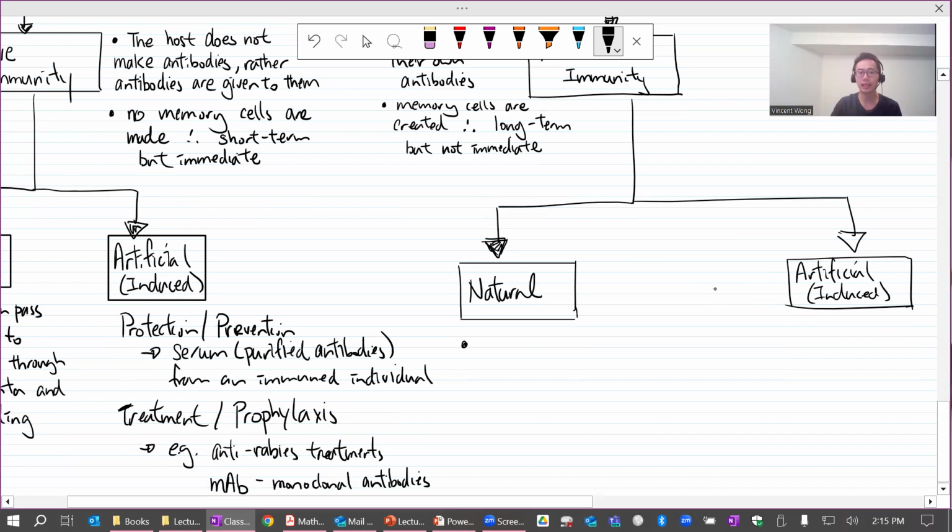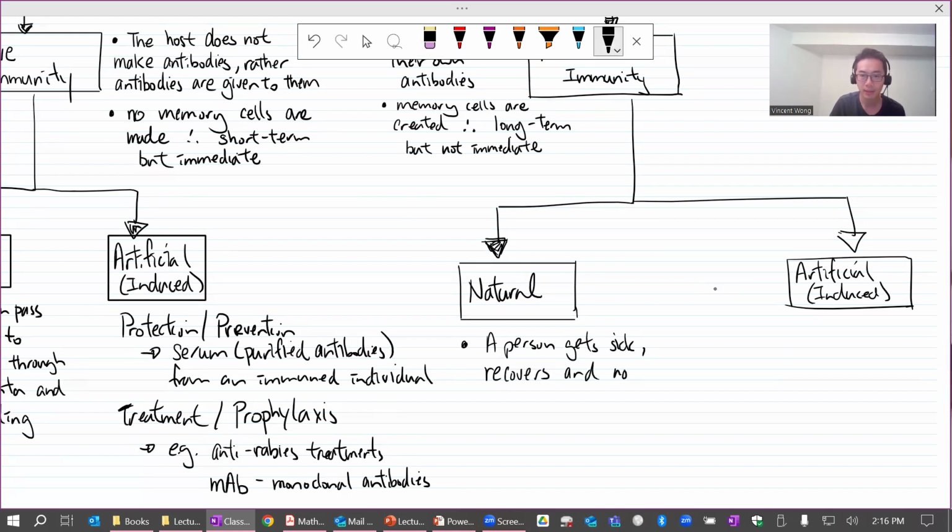Natural is, a person gets sick, again, like chickenpox, recovers, and now they have lifetime protection. Okay, e.g. chickenpox.